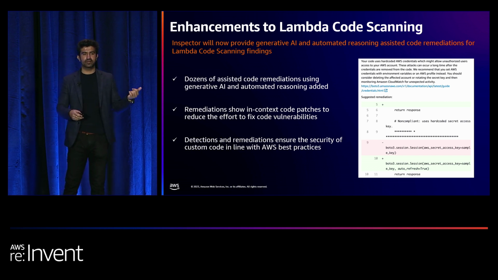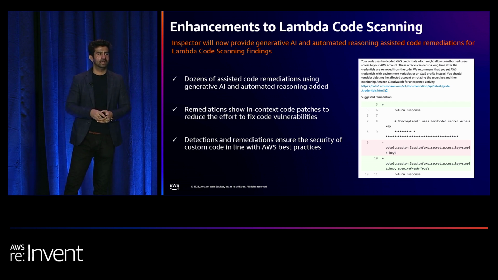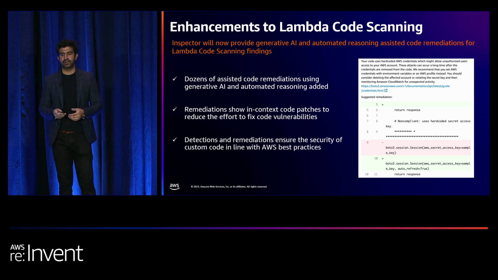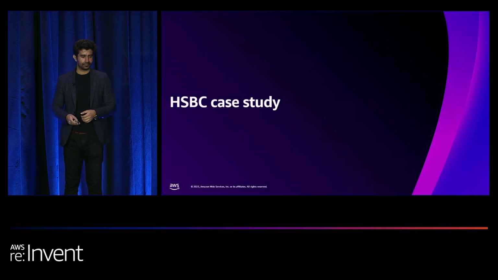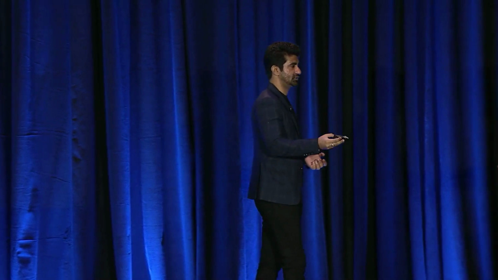And like Rick mentioned earlier, as soon as you fix something and redeploy the function, we automatically detect that you have patched this code, and we will close the finding without any manual action. So now I'll invite Alistair to talk about the use case at HSBC.